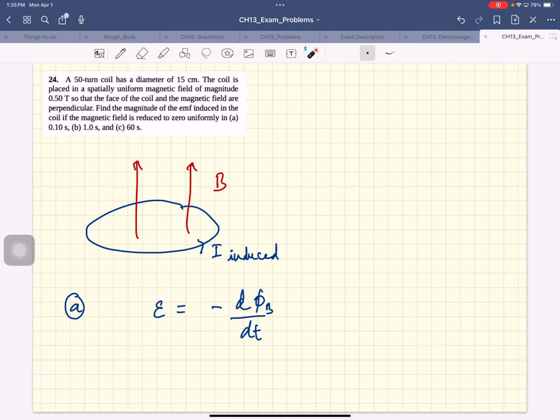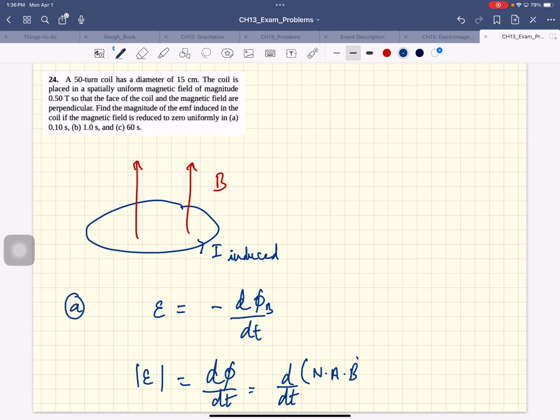We are just going to find the magnitude of the induced EMF. We have the direction, so now we'll find the magnitude, which is dΦ/dt, d/dt of the magnetic flux, which is the number of loops times the area times the magnetic field.